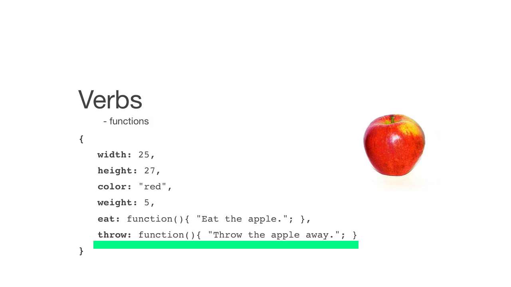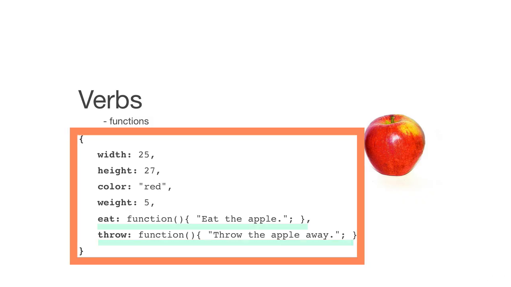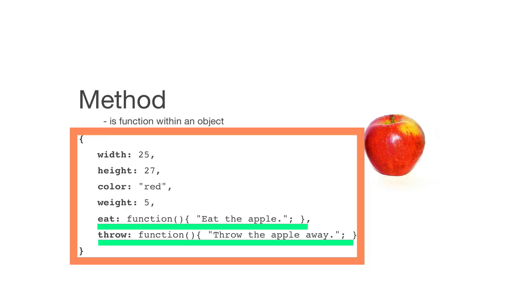So again, it's a verb. So verbs are functions. Now, when a function is within an object, it's still a function, but we give it a different name. We call it a method. That's it. So when we say method, it simply means a function that is contained within an object. That's it. That's how easy an object really is.